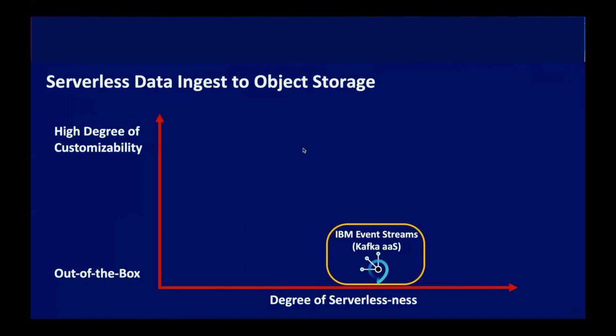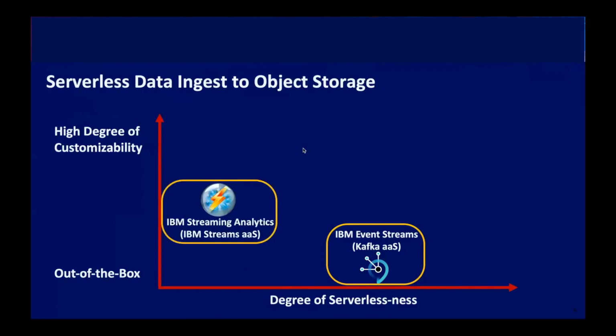Just write in the Cloud Object Storage as they arrive. There is a kind of serverless option available in the IBM Cloud where you're just paying by the number of messages processed. So it's rather serverless in terms of the consumption.